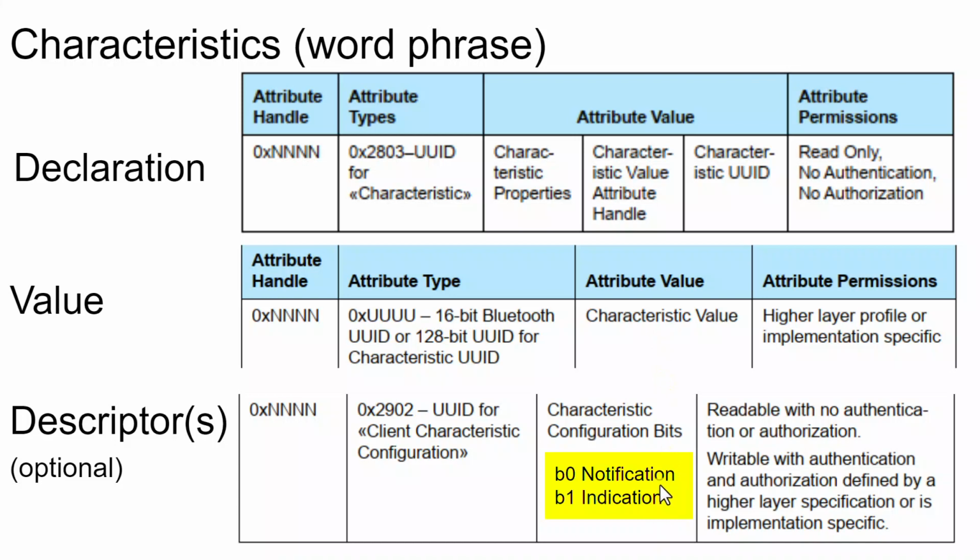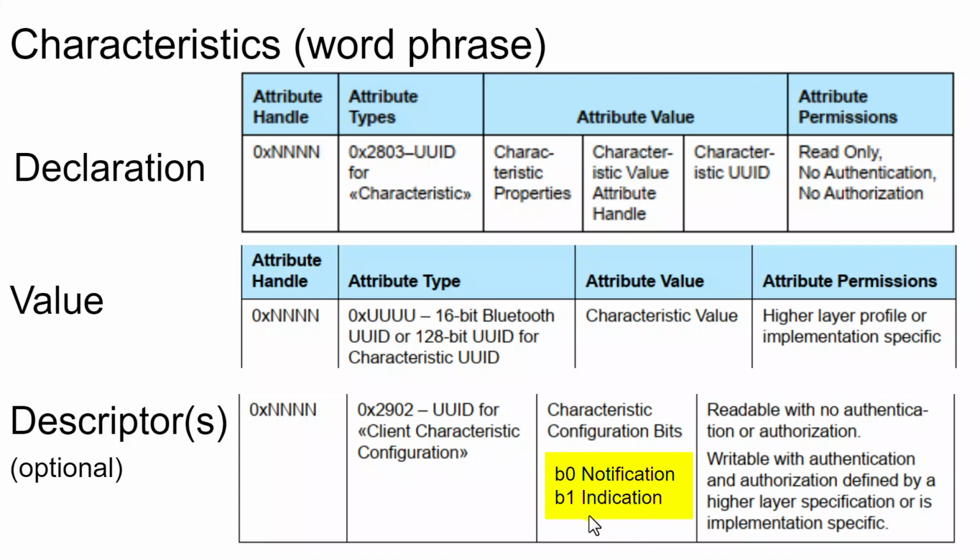Now, what's the difference between the two? The difference is that notification is where the device that has the counter in the database simply tells the client, hey, the value's changed, and it doesn't care if the client responds back that, yes, I got the fact that that changed.